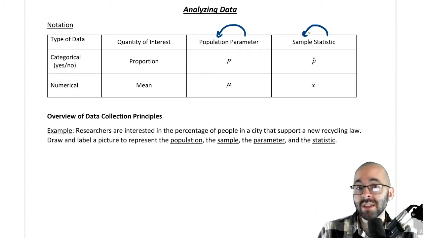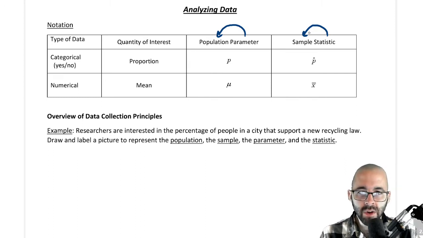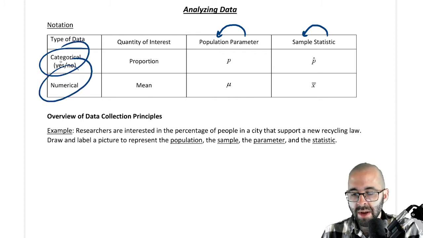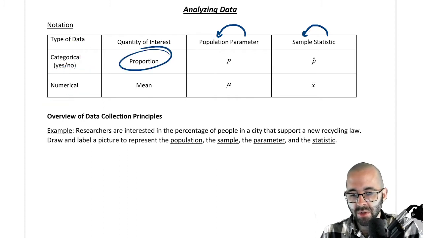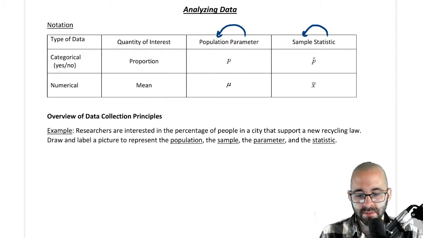A statistic is always going to be referring to a subset of the population, whereas a parameter is always going to be referring to the whole population. And then depending on whether it's categorical or numerical, that'll affect whether what we talk about is a proportion or a mean. So let's start with categorical.